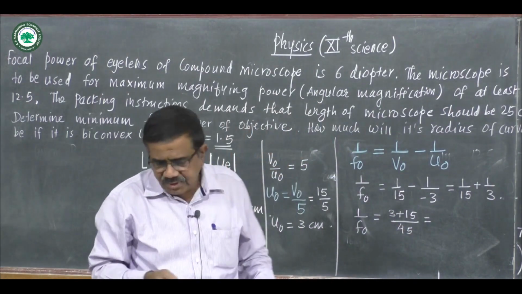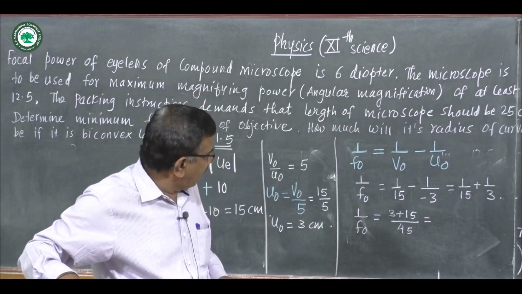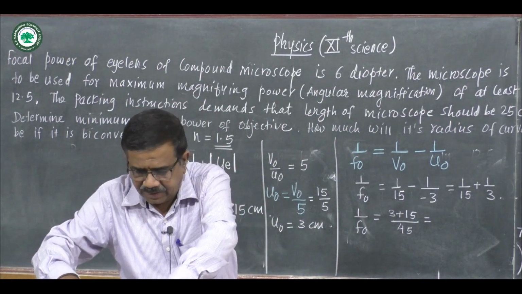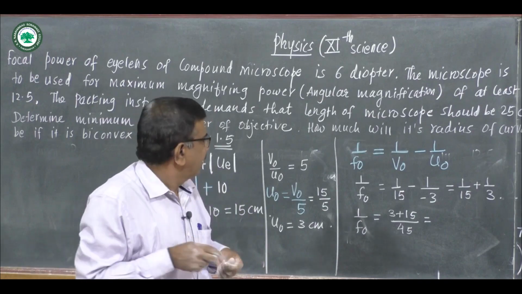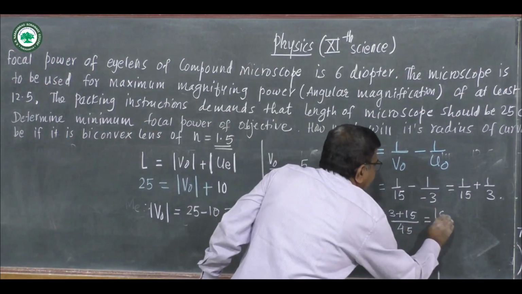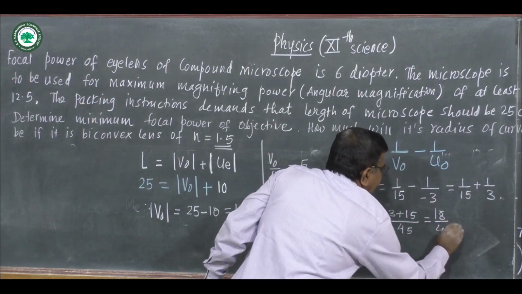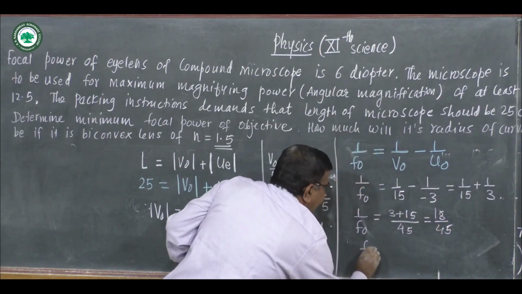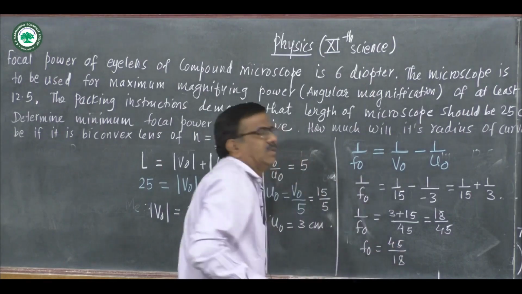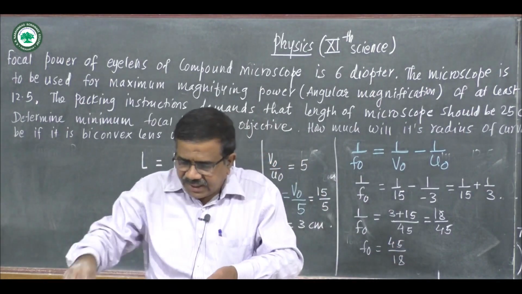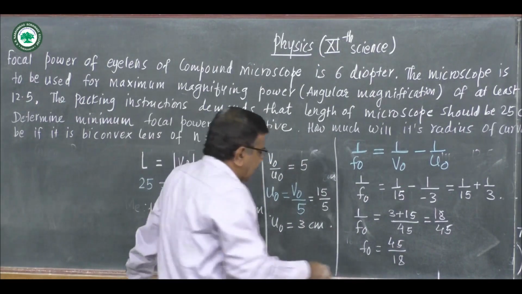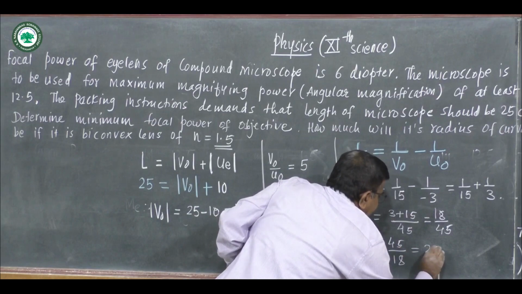So 1 upon FO is 18 upon 45. Hence FO is 45 upon 18, and that value is 2.5 centimeter.